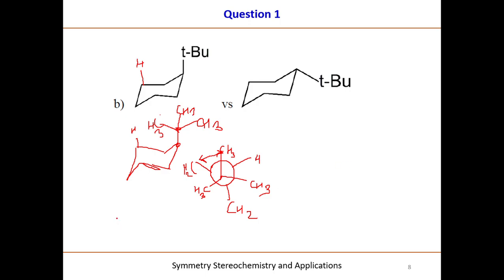For 1,3 diaxial interaction, the value is 1.9 kilocalorie. Now in case of this axial tert-butoxy group, you can see this is the tert-butoxy group.